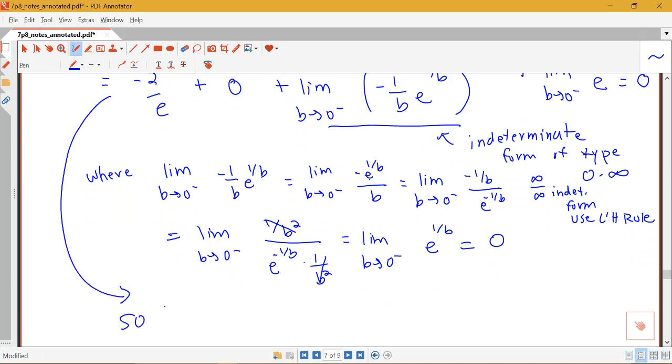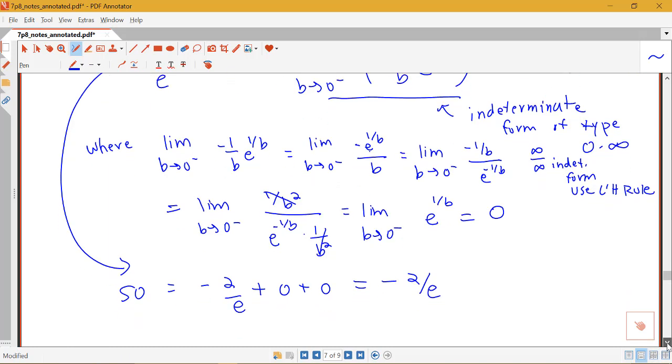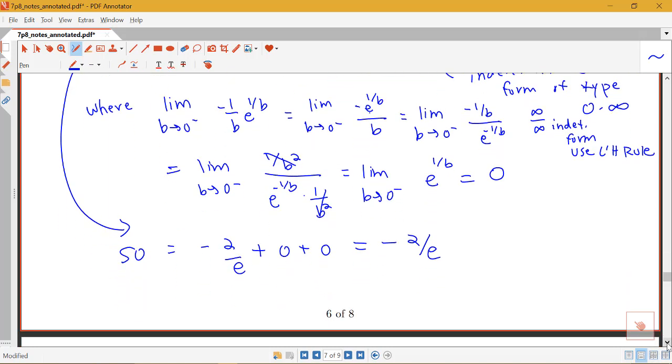So what we have here with this in-between work is that the value of our integral comes out to just negative 2 over e. Okay, so sometimes when you're working with these improper integral problems, you can get a more involved case like this one where you'll have to do maybe some integration by parts, maybe L'Hopital's rule, in order to evaluate your integral.